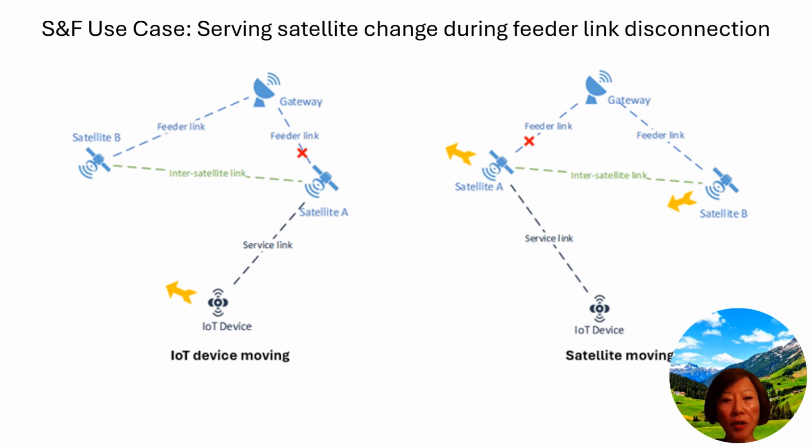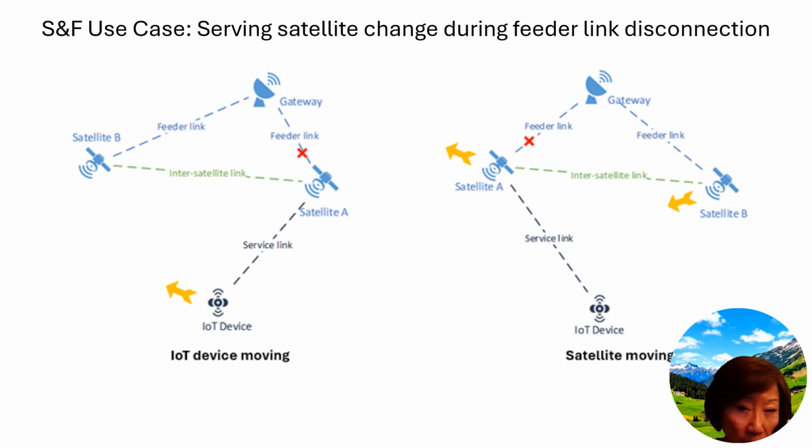So the left diagram, which is labeled IoT device moving, shows the IoT device moving from the coverage area of satellite A to satellite B. The feeder link between satellite A and the gateway is disconnected. You can see that it's indicated by a big red cross, indicating the feeder link between satellite A and the gateway is severed.